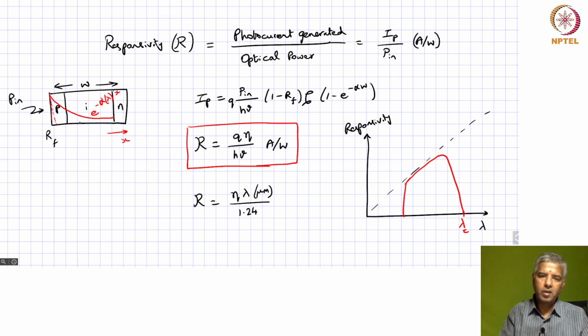So not a lot of those charges generate an external photocurrent, and that is what is denoted over here.